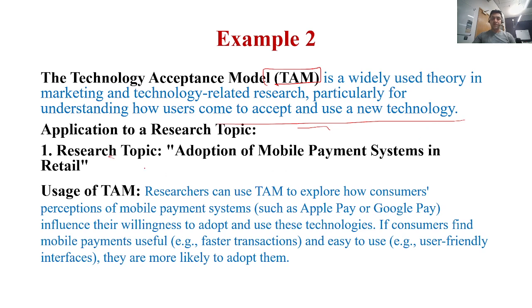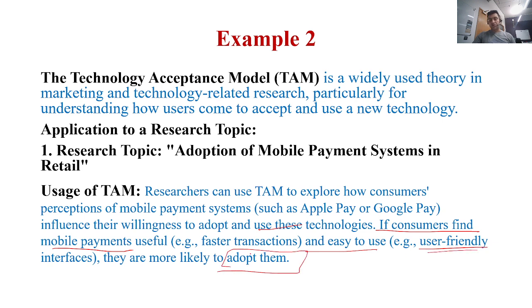So, for example, if we want to know how the consumers are adopting mobile payments in the retail sector, we will be using this TAM model. So it gives us some kind of foundation. For example, it says that if consumers find mobile payments useful and it's easy to use and because it's user friendly and everything, then they will adopt it. Otherwise, they will not adopt it.